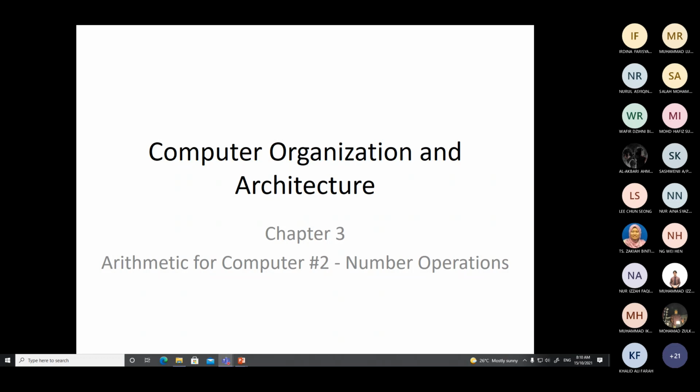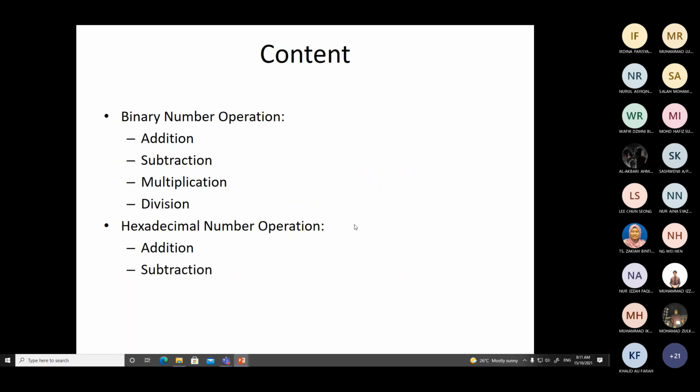Okay, so today we will continue with number system, but this time we will learn about number operations. You will learn about binary number operation, which is all four operations: addition, subtraction, multiplication and division.